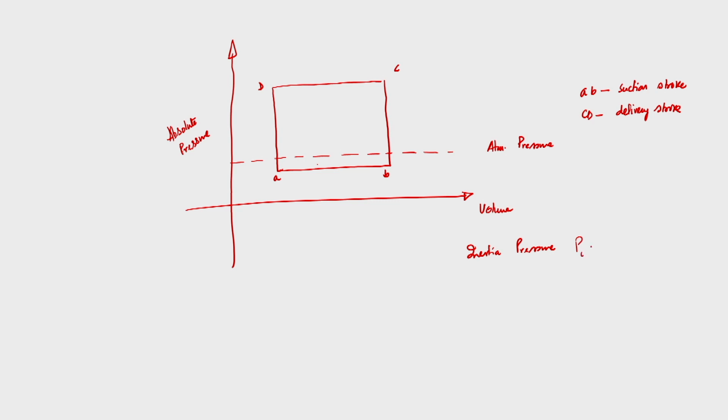So the inertia pressure is given by Pi equal to rho into g into Hi.